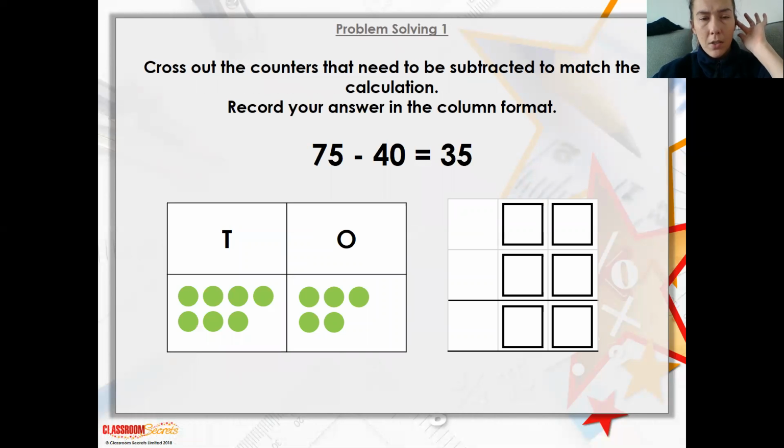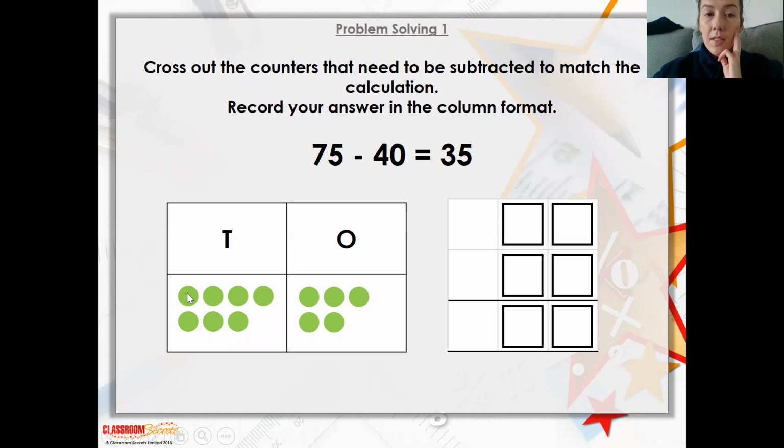Right, so another subtraction now. Cross out the counters that need to be subtracted to match the calculation. Record your answer in the column format. So we've got 75, subtract 40 equals 35. Here you've got a place value grid.